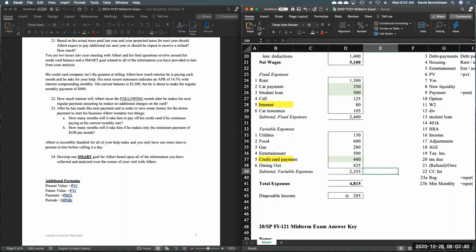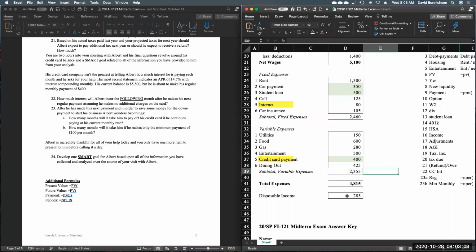Okay. Some responses were like, well, Albert needs to save more money and cut back on his expenses. All right, well, that's a goal, okay? But it's not even a goal really, it's more of an objective, okay? But it's not SMART, as in capital SMART, okay? It's not specific, it's not measurable, it's not action oriented, it's not reasonable, and it's not time-based, okay?